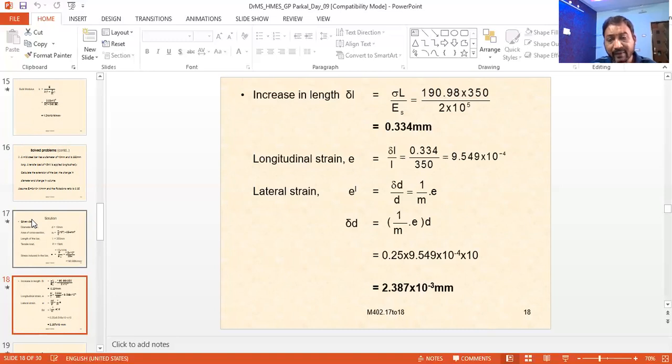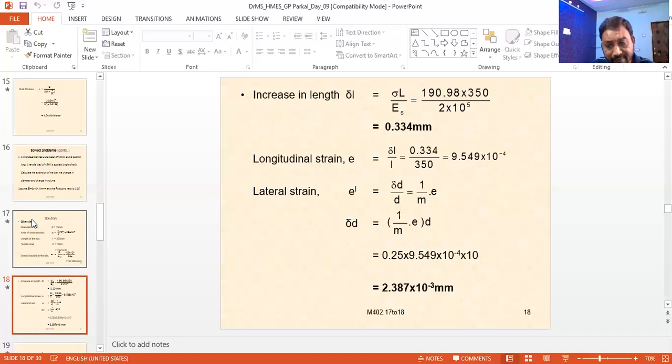We know that the lateral strain is equal to delta d by d, and also we know that Poisson's ratio 1 by m is equal to lateral strain by linear strain. Therefore, lateral strain is equal to Poisson's ratio into linear strain. So lateral strain is equal to 1 by m into e. That is nothing but delta d by d. Therefore, delta d is equal to 1 by m into e into d.